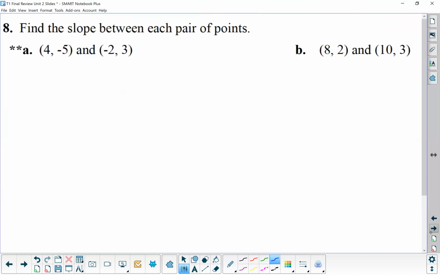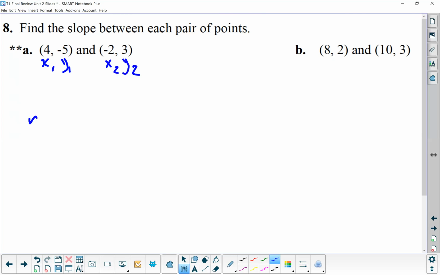So find the slope. Again, we're going to do the double starred problems. The other ones are left for you on homework. So if I'm given these 2 points, I'm going to label x1, y1, x2, y2.